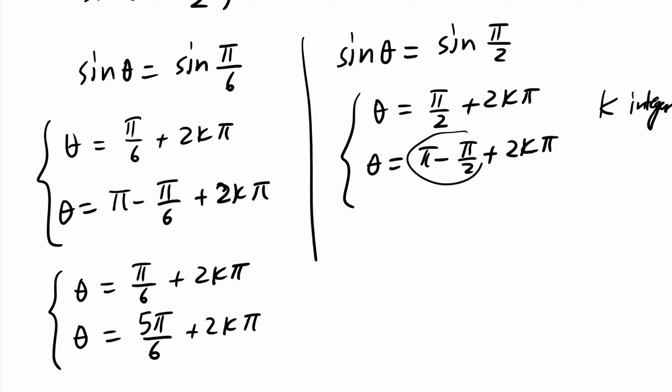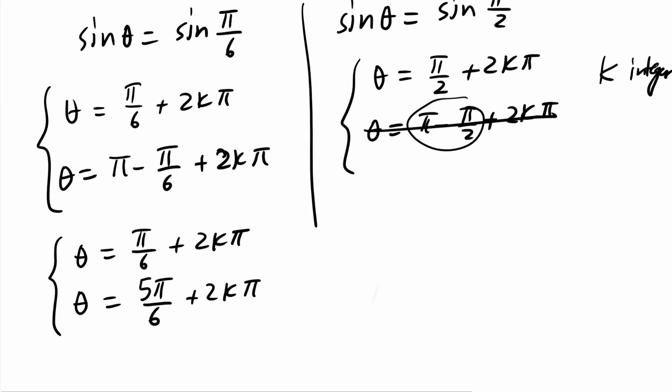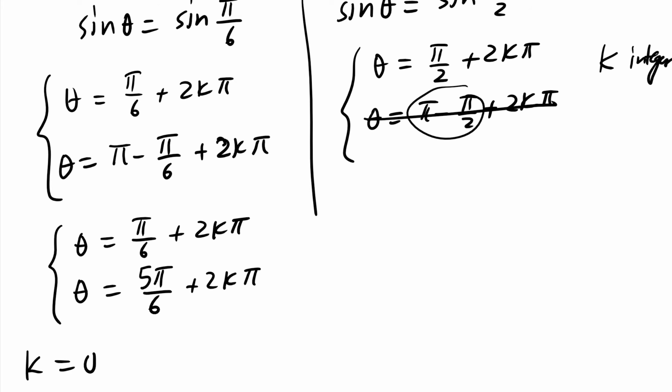For this one, you get pi over 2, which matches the above equation, so we don't need that. Now, if we take k equals 0 into all of them, that will give me pi over 6, 5 pi over 6, and from the equation up there, it will give me pi over 2. I get these three values so far.